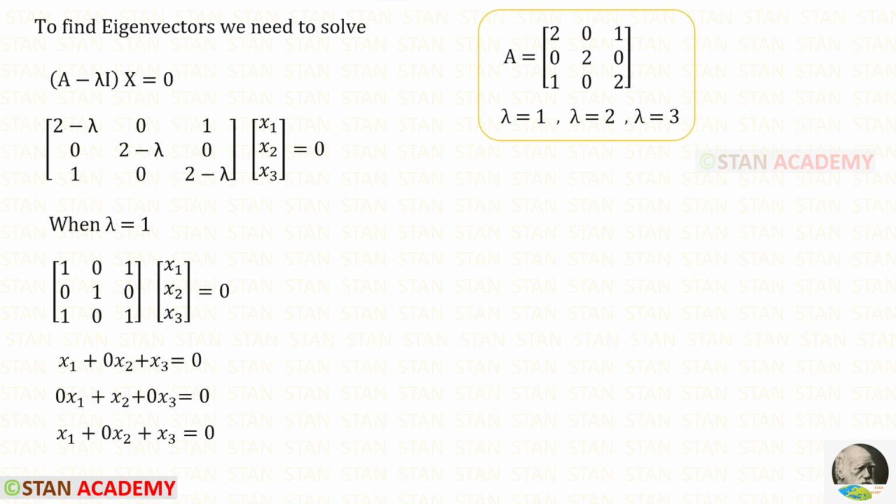First, let us find the eigenvectors using lambda is equal to 1. 2 minus 1, it will be 1. Then we can multiply the rows with this column so that we will get these three equations. To solve these three equations, we are going to use Cramer's rule.